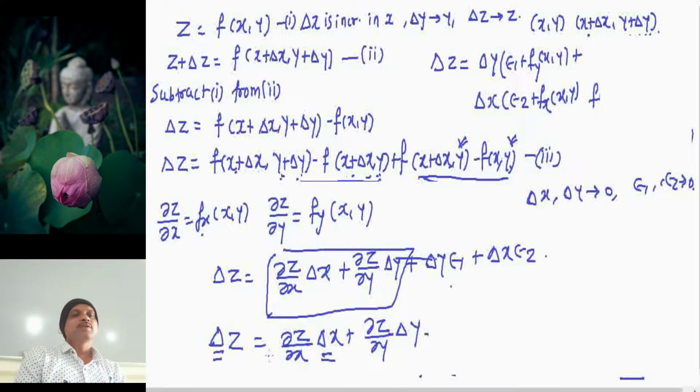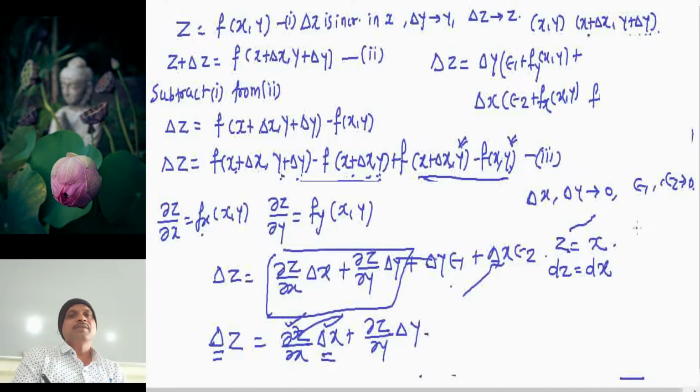Okay friends, for this capital delta, sometimes we call it del z. That is why sometimes I have pronounced it as del z by del x, since this is our delta. Whenever this capital delta arrives, we call it del z by del x into delta x. Now if we consider z equal to x, then dz equal to dx.